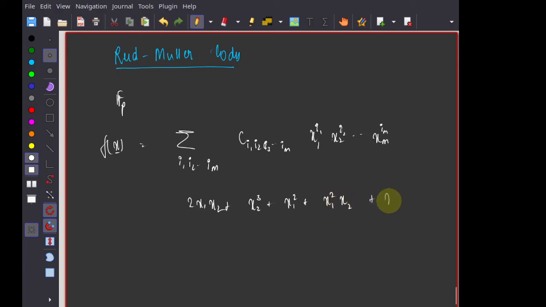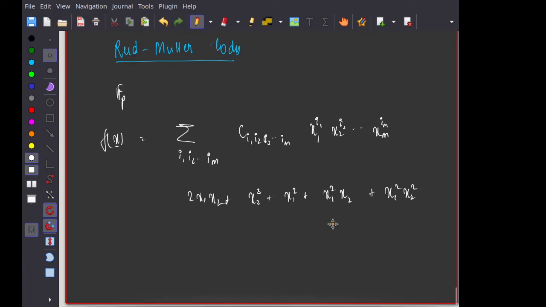Add to this x1 squared x2 squared, and the degree of this polynomial would be 4, because I have a monomial x1 squared x2 squared, where 2 plus 2 is equal to 4. Yeah, the exponents are natural numbers, whole numbers. That's always true for any polynomial.